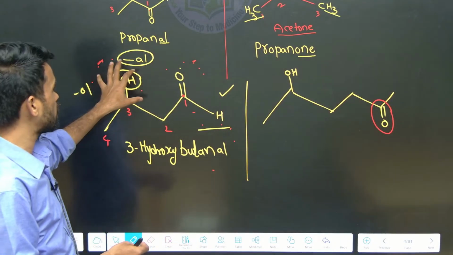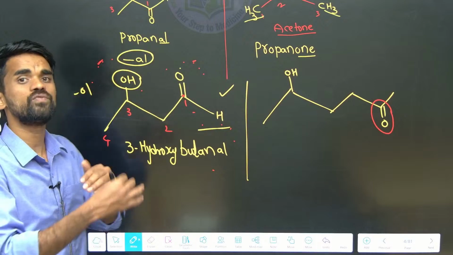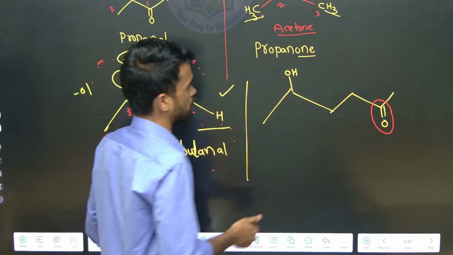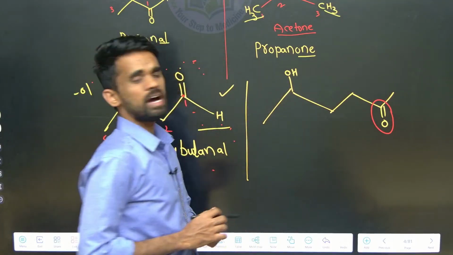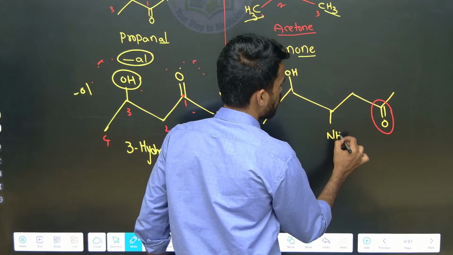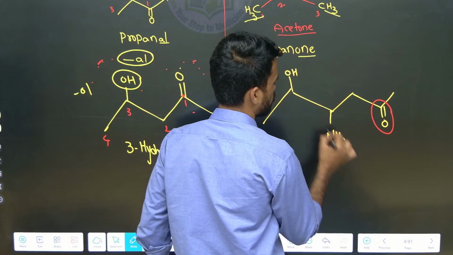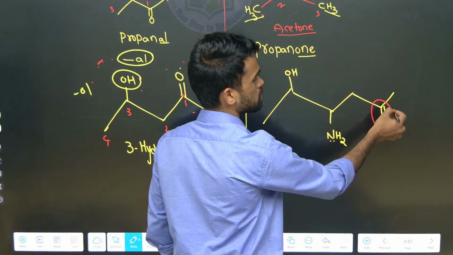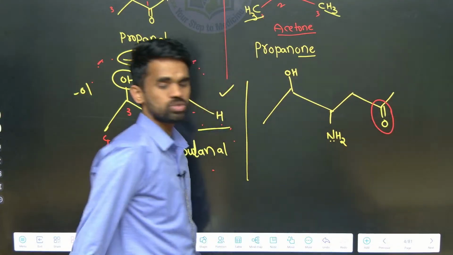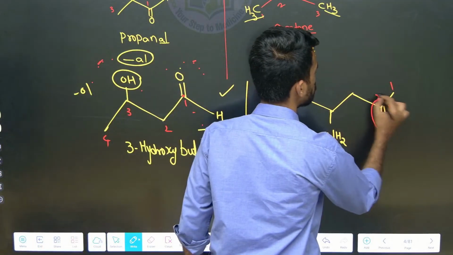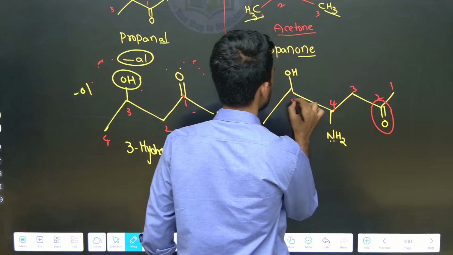Now whenever you are writing those in the prefix, you should follow alphabetical order. Let me tell you one example here. Here we have OH, right? Here I am writing NH2. Now tell me, how can we write the IUPAC nomenclature for this? Right. So start numbering from this terminal, because our principal functional group should get the minimal number. So 1, 2, 3, 4, 5, 6.